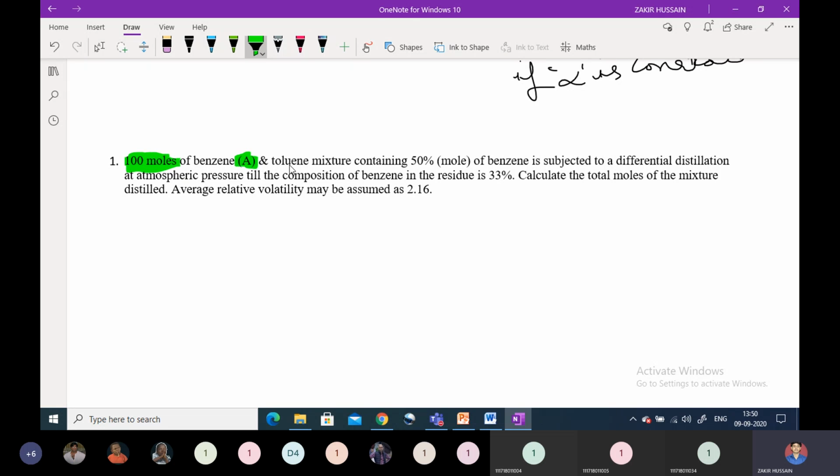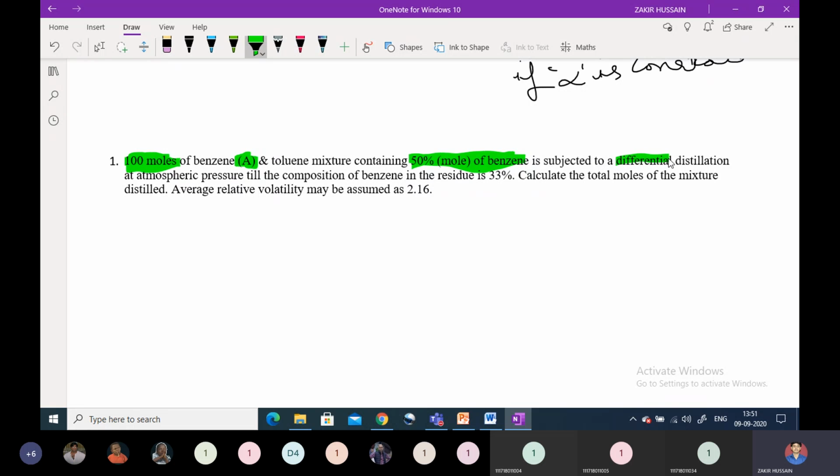Benzene is a more volatile component. In a mixture of toluene and benzene, component A is benzene, so obviously component B will be toluene, containing 50 mole percentage of benzene. So this is xF, and this is F. This is subjected to a differential distillation.